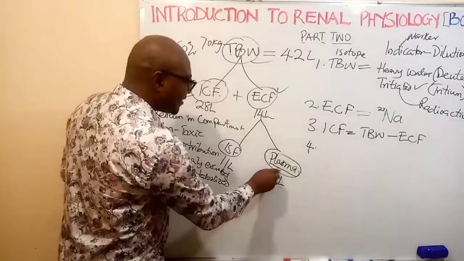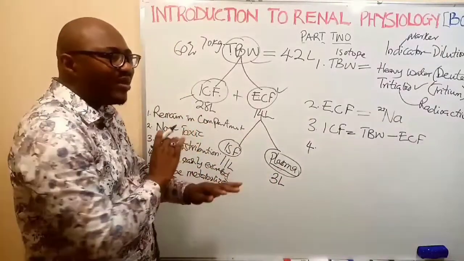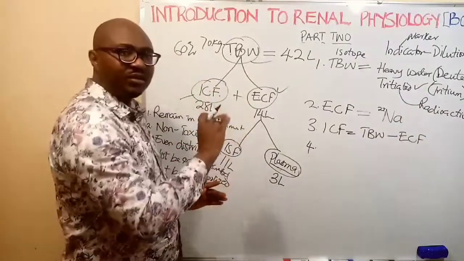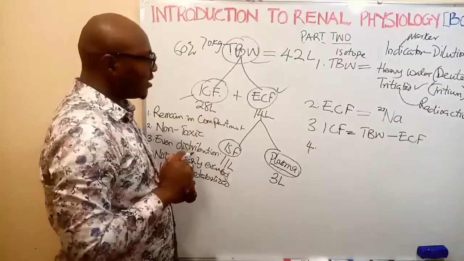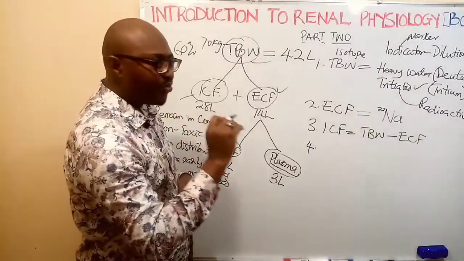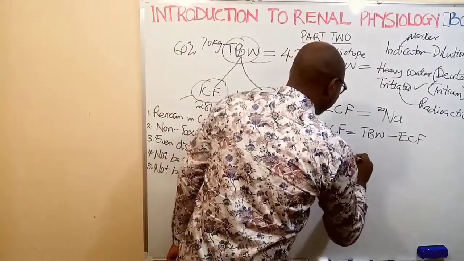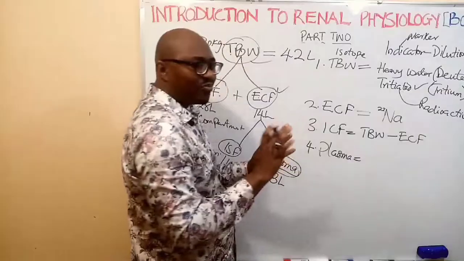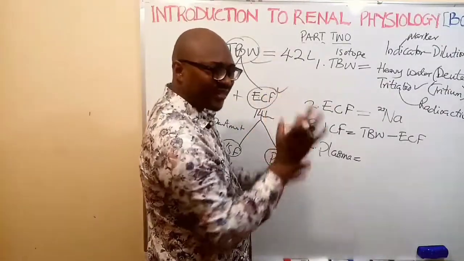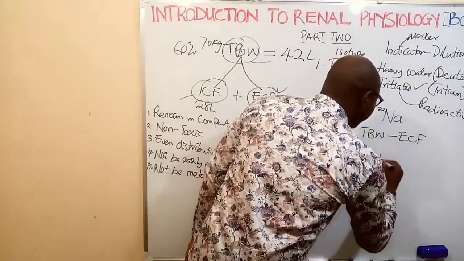So to get the plasma, we need a substance that can only remain in the blood vessel. It cannot cross the capillary membrane. And what is that substance? It's called albumin. For the plasma, you use albumin that is labeled with a radioactive substance, usually radioactive iodine.